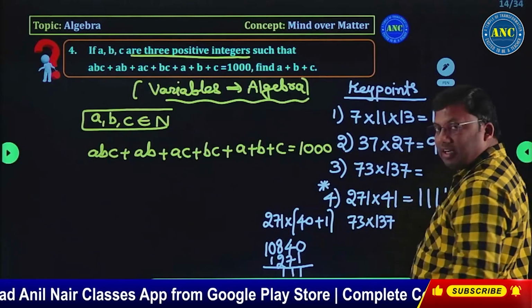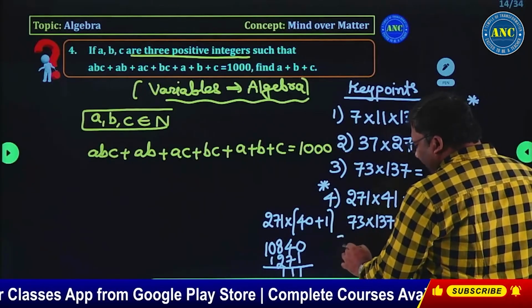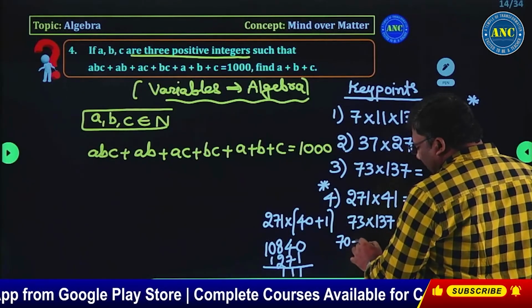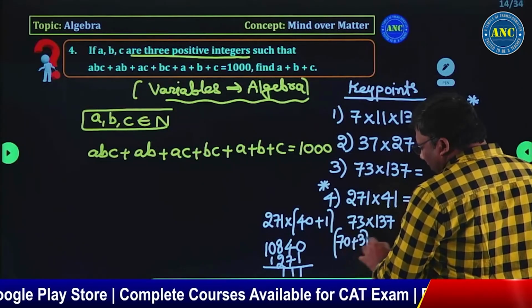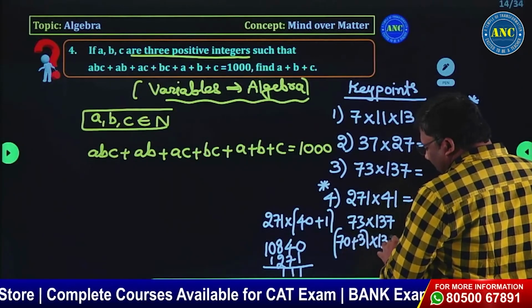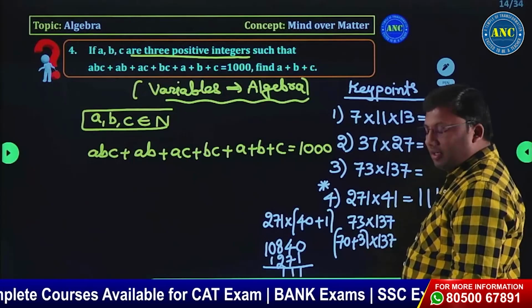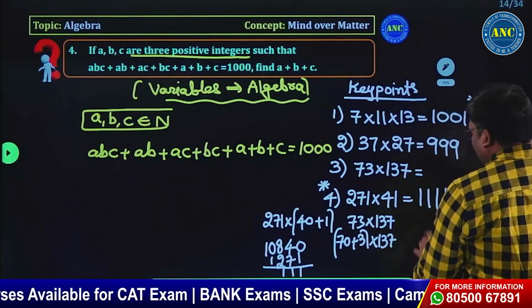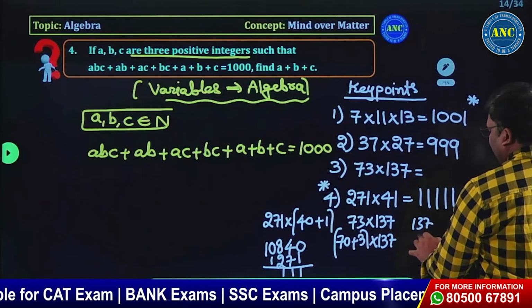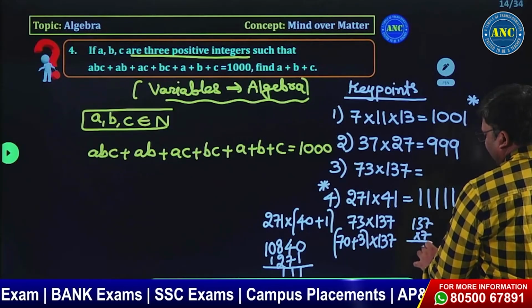73 into 137. 70 plus 3 into 137. Try to do, sir. 137 into 7 is 7 7s are 49.